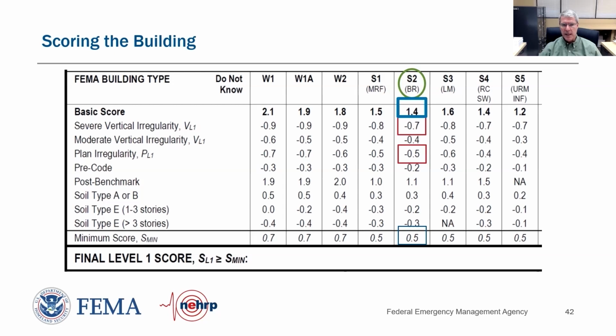And we said our soil type was D, so we don't have any modifier for A or B or E. And so our final score ends up being 1.4 plus a minus 0.7 plus a minus 0.5. We're at 0.2, but our minimum score is 0.5. So the minimum of 0.5 is what we would use for our final level 1 score for our building.